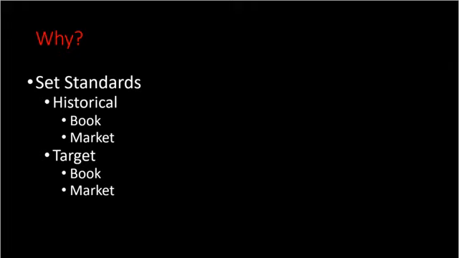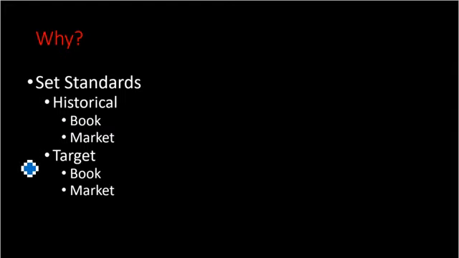Now, if you try to combine these concepts together, there are actually four kinds of standards: your historical book standards, coming from our own books, from the company's information, based on past performance. You also have the historical market standards. This is what happened in the past, based on market information.